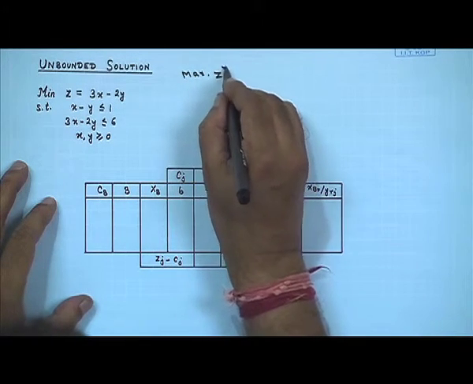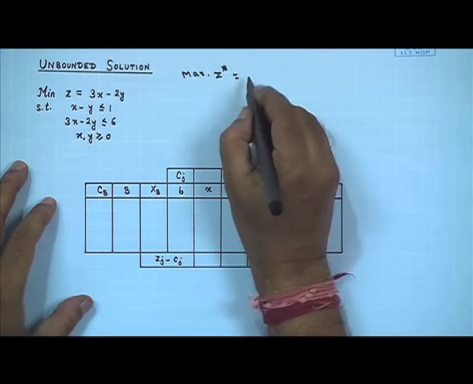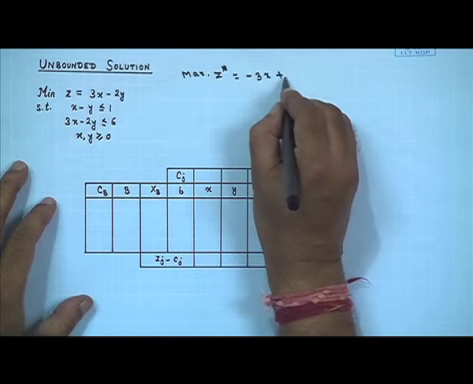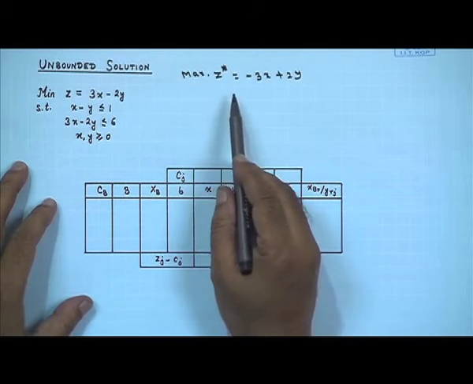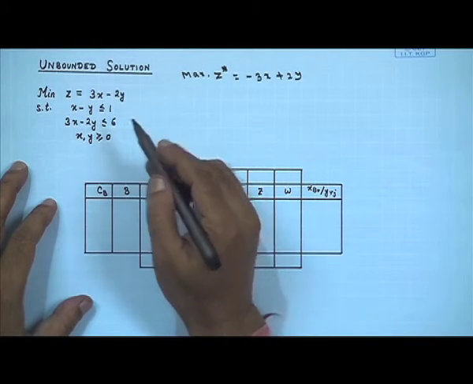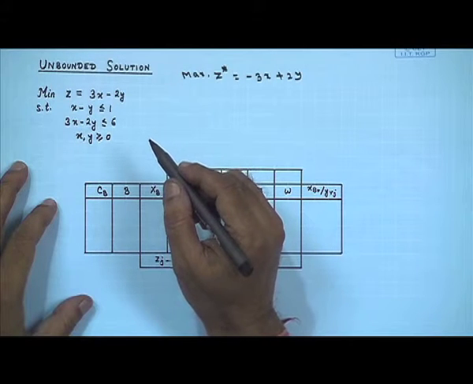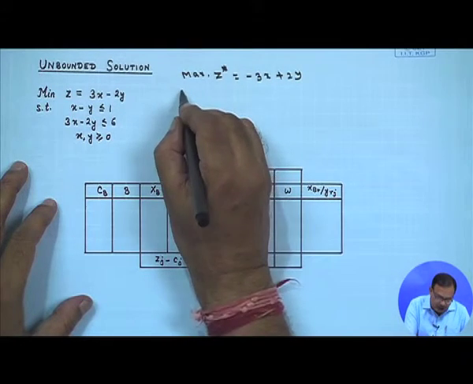Since it is a minimization problem, at first I have to write it in the standard form and make it a maximization. Z star will be equal to minus 3x plus 2y, because you know that maximum of z equals minimum of minus z. Here we have two less than or equal to type constraints, so we have to add two slack variables to make the inequalities equations.